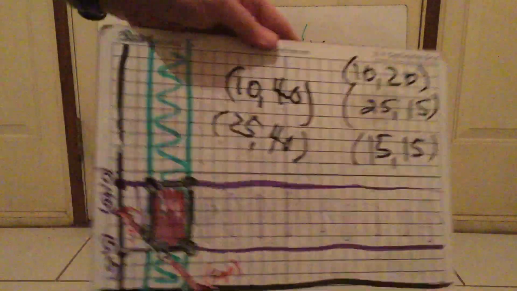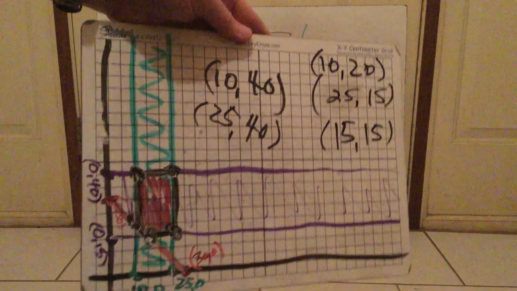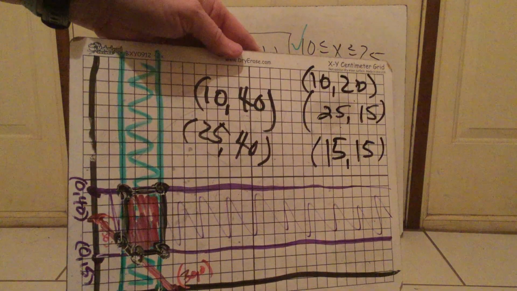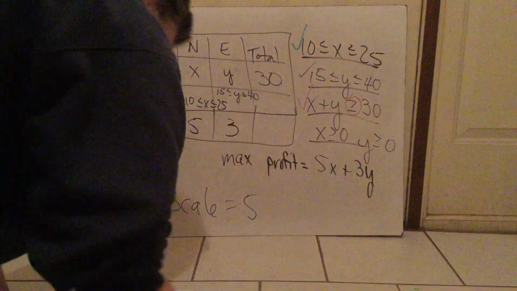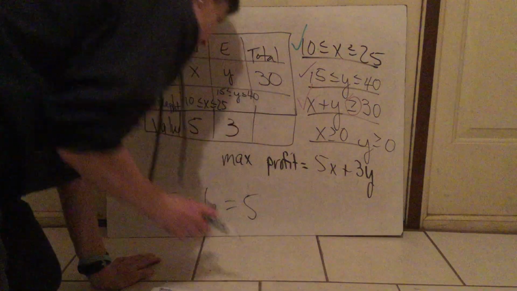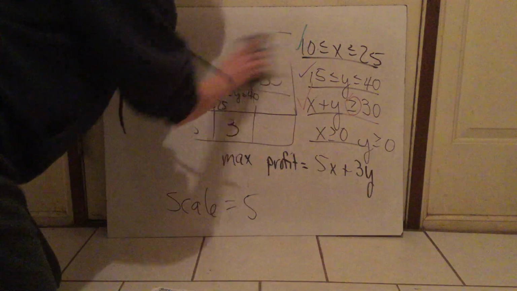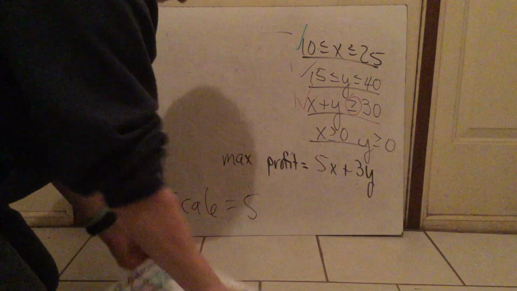So we have found the 5 points that are the corners of our feasible region. Okay, now I'm going to write those up here, these points, because now we have to do something with them.